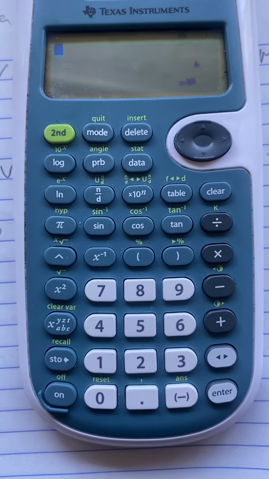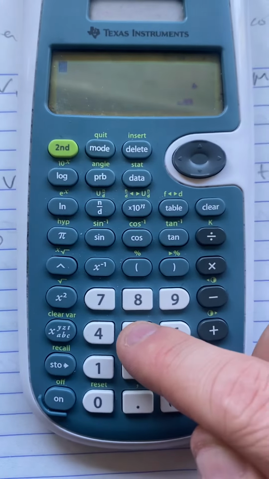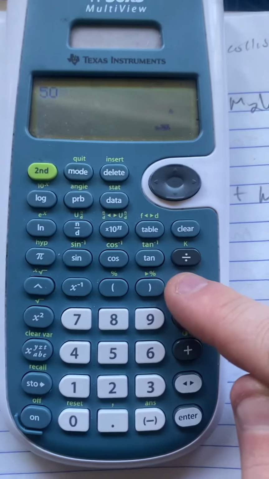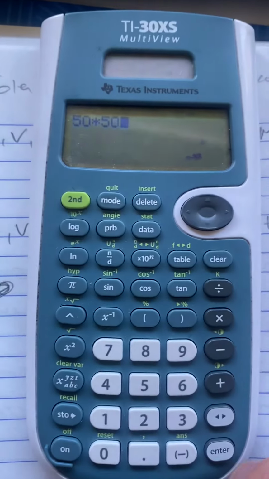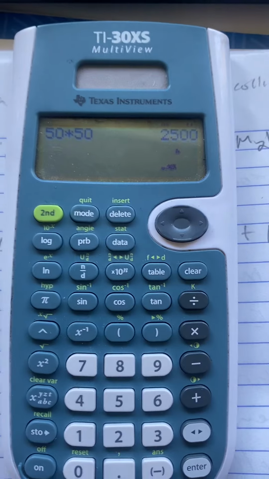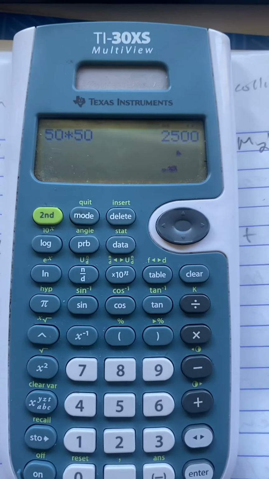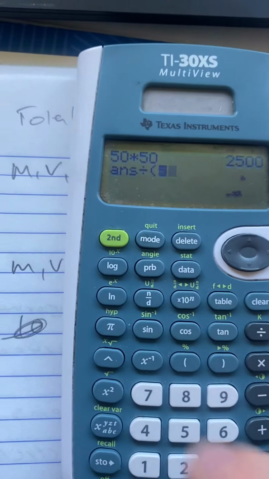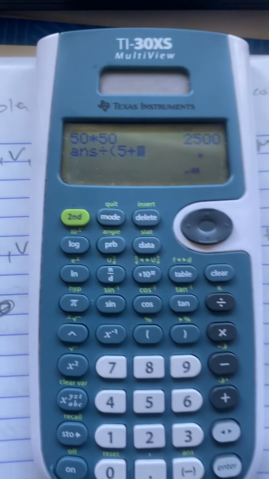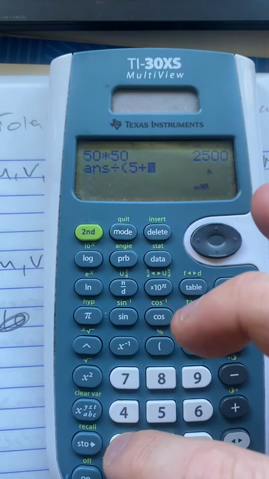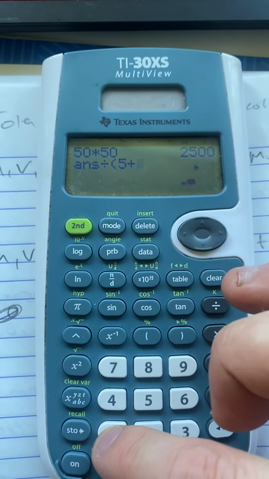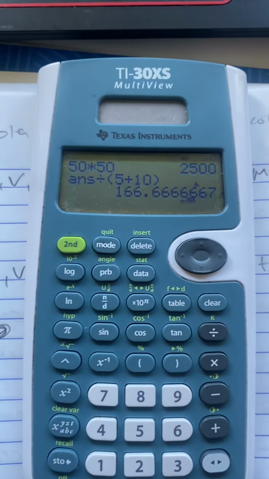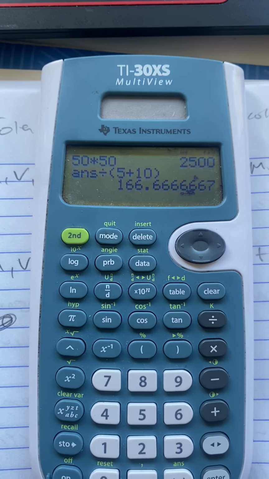All right, if we plug this into the calculator, we should get the mass of the bullet times 50, which is the velocity of the bullet, divided by the mass of the bullet plus, and what did we choose? A 10 gram block. That gives 166.